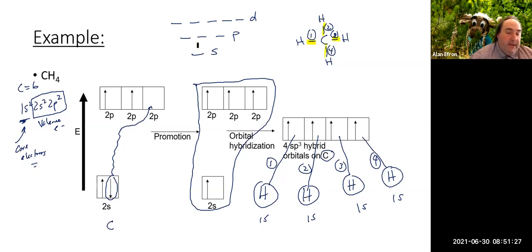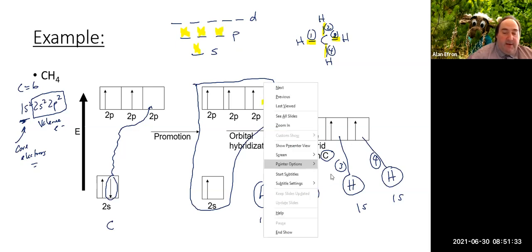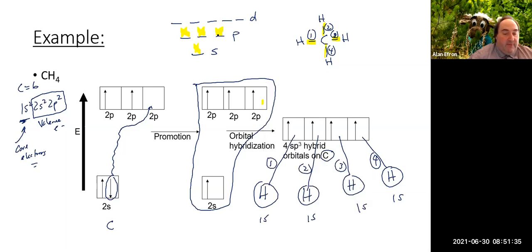You would start here at the s, 1, 2, 3, and 4, and count up what you just did there. And in that case, obviously an s and 3 p's tells us this is an sp3 hybridized carbon in this particular case.